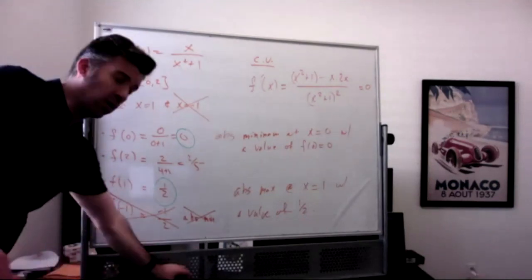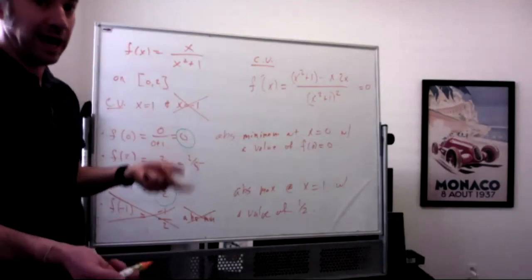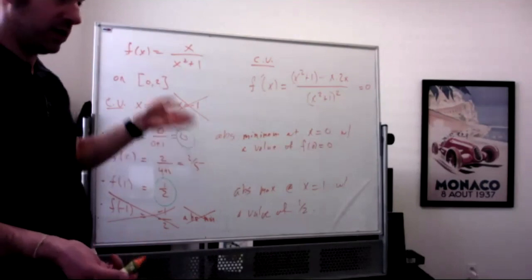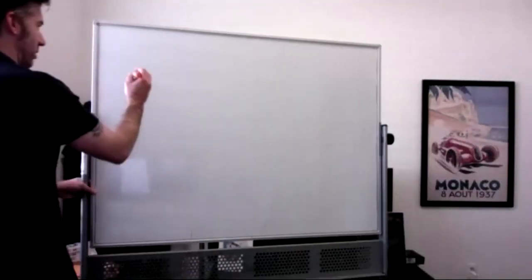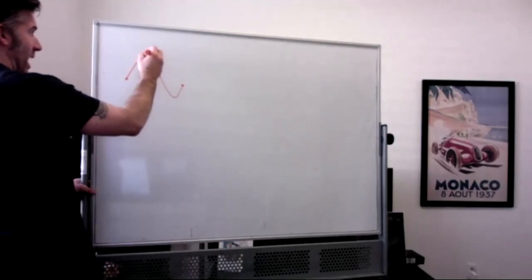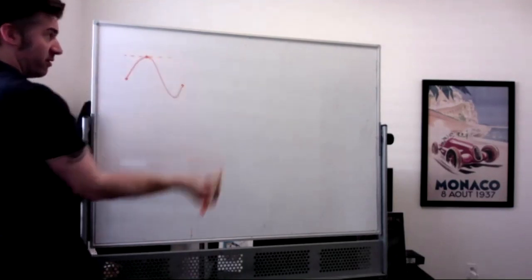Okay. So when you're talking about the extreme value theorem, a function can either have an absolute maximum or minimum at a critical point where the derivative is 0 or undefined, like in the picture I just erased. We can have an absolute maximum here, critical point, derivative is 0.